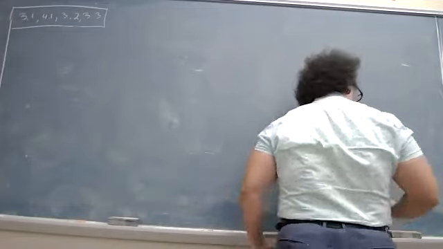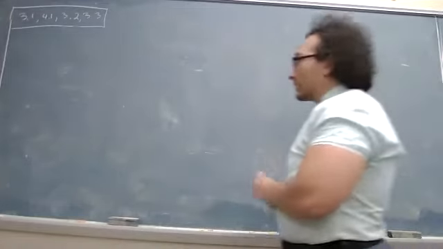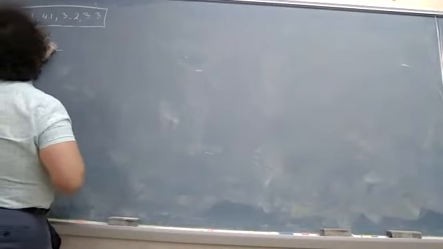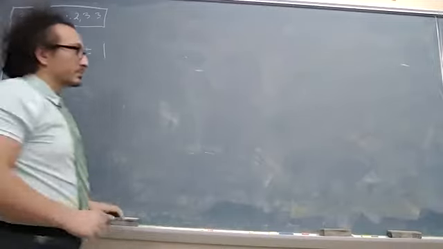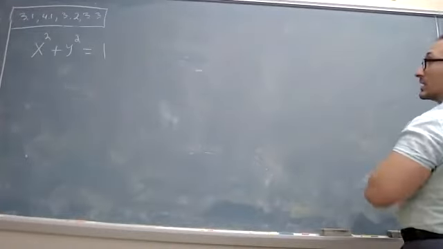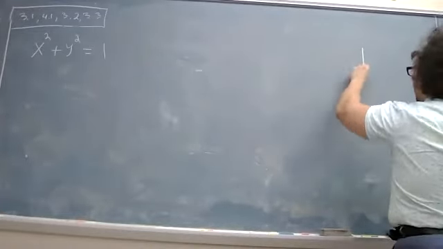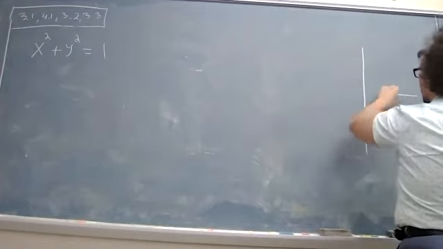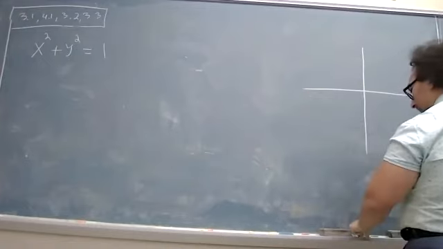All right. So let's analyze whether this expression is a function: x squared plus y squared is equal to 1. What does this give us? Well, I will tell you right off the bat, that creates a graph that looks like this.